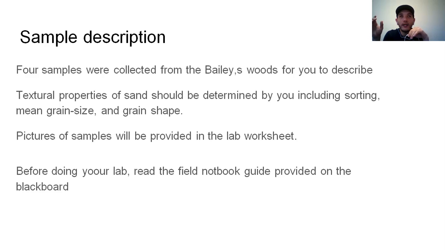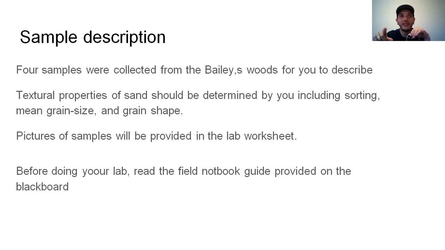Also, when we took the pictures of the samples, we included a grain size card next to the sample. So each image should show the sample itself and the grain size card. Don't worry about that.